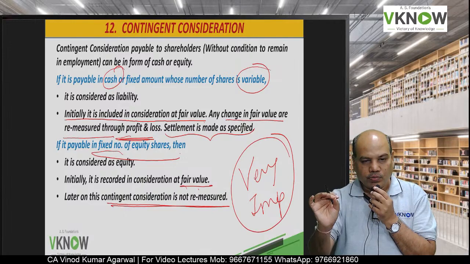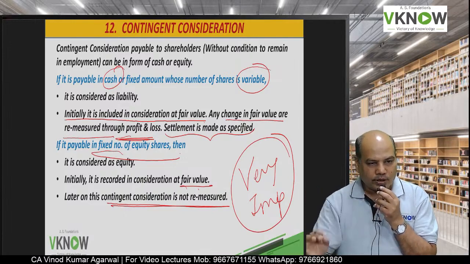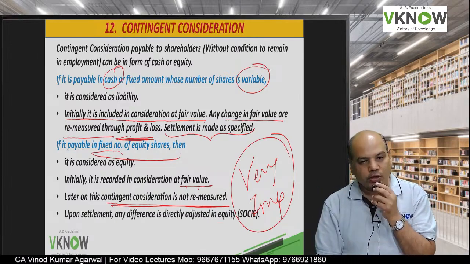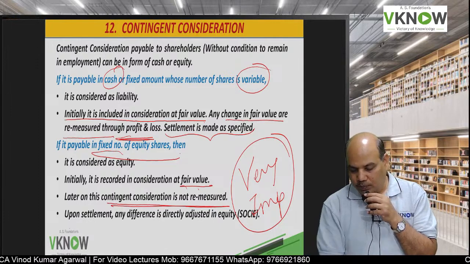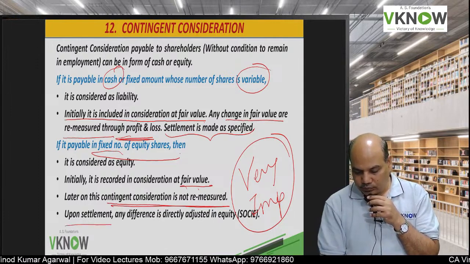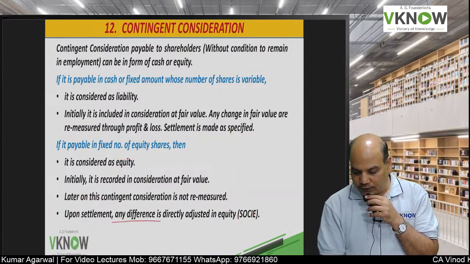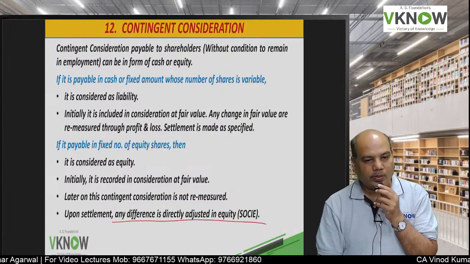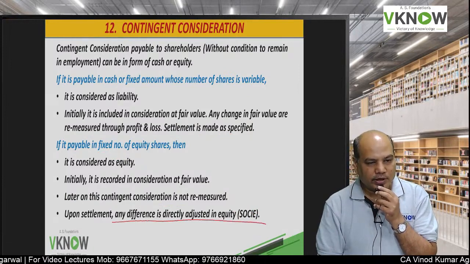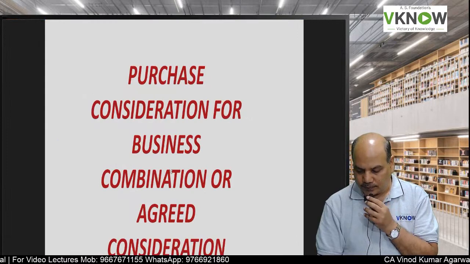You can get a 4-mark or a 6-mark question from this paragraph, and accordingly you have to do the accounting. Upon settlement, any difference, if any, will be adjusted directly in the statement of changes in equity.